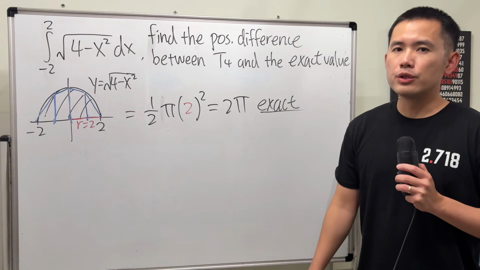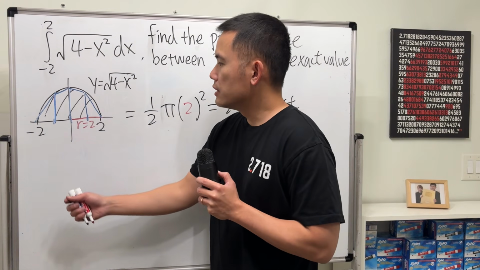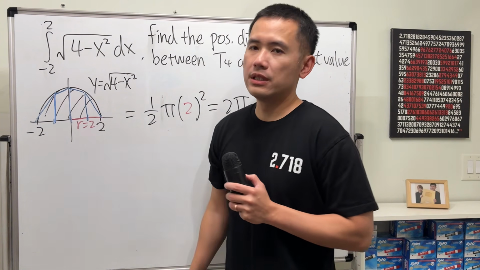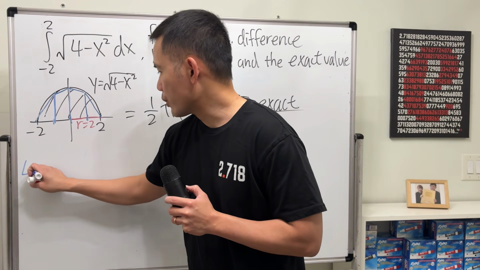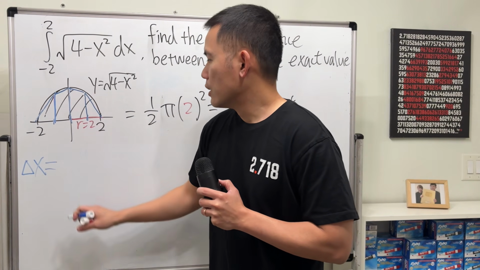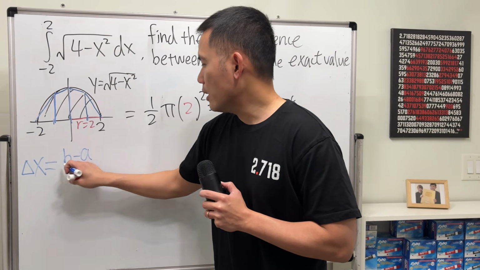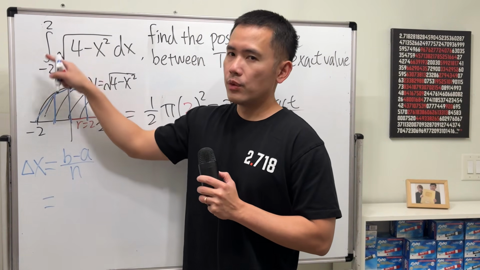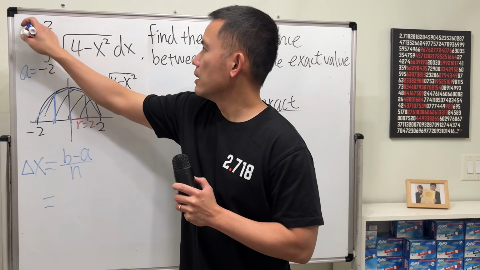Now this is how you can do the trapezoidal rule. First, notice we go from negative 2 to 2 and we have 4 intervals. So you can compute the delta x real quick. It's always going to be b minus a over n. When we have an integral, it goes from a to b.